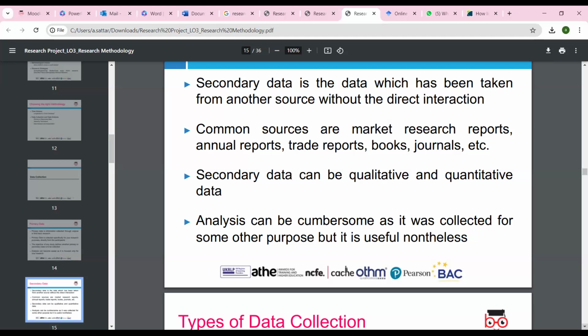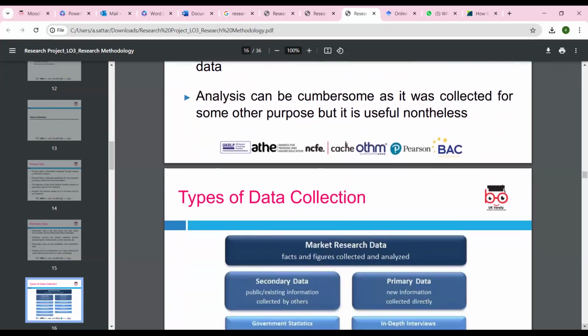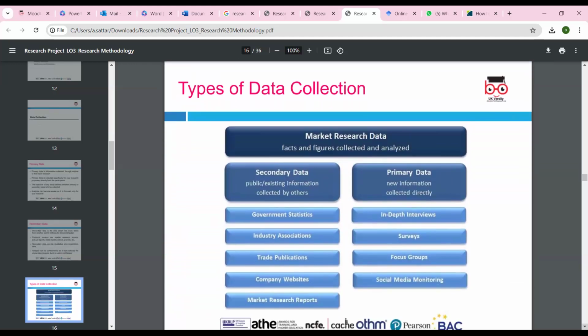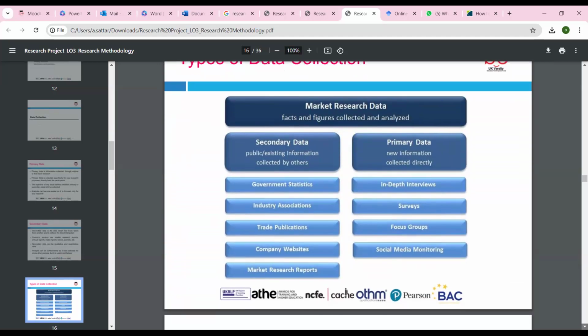Data can be quantitative or qualitative: quantitative means numbers, and qualitative means people's opinions. Secondary data can be government statistics, industry associations, trade publications and company websites. In-depth interviews, surveys, focus groups and social media monitoring can be primary data.